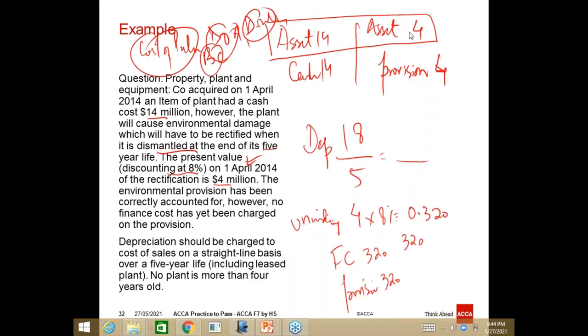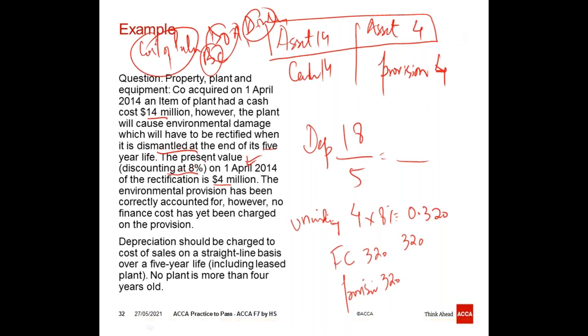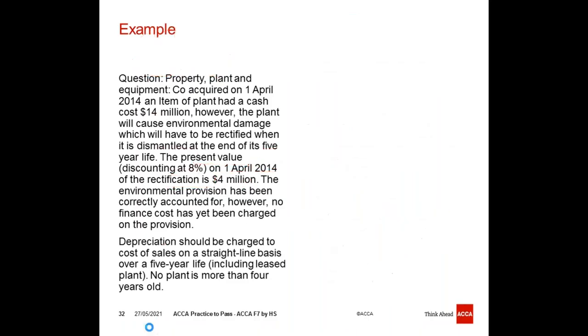If the examiner has given you the future value, then you first need to take the present value and add it to the 14 million. It clearly says that the present value on 1st April of the rectification cost is 4 million, so they have already calculated the present value.